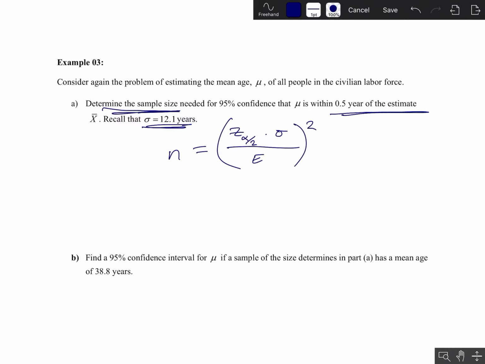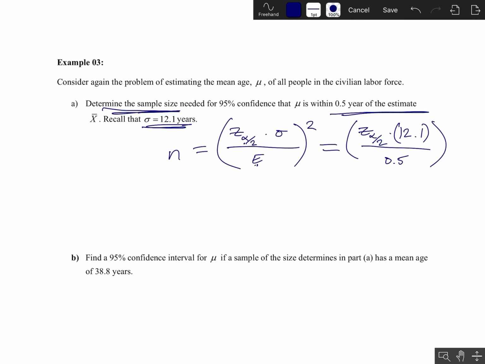And now notice that in order to compute the sample size, we need to know the confidence level that we need. That's what tells us alpha. And we also need to know a certain amount of error that we're willing to put up with. So in this particular case, we'll figure out z sub alpha over 2 in a second, but we know sigma already is 12.1, and we know that the error that we're willing to put up with is 0.5.